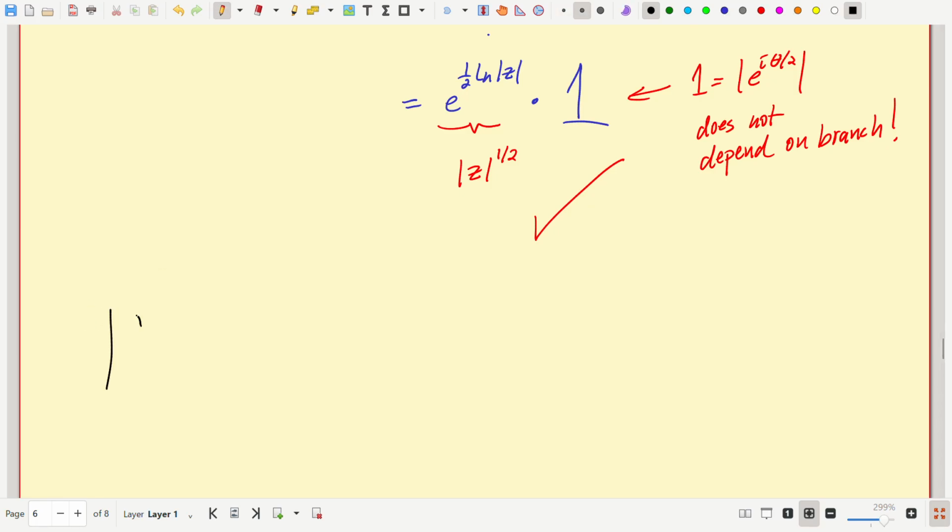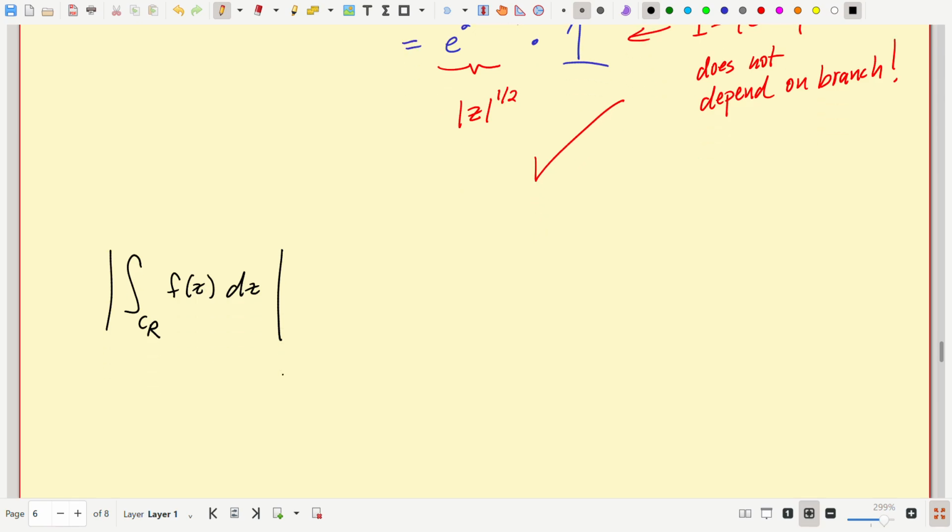The integral around c sub r of my function would be less than or equal to the max on my c sub r of the modulus of 1 over z to the 1/2 times z plus 1, times the length, which is less than or equal to 2 pi r.